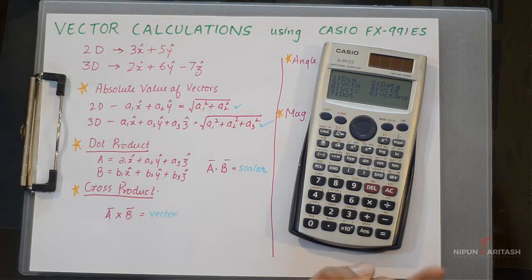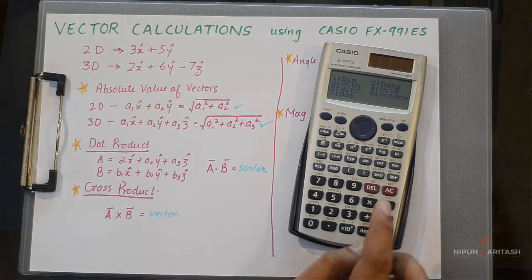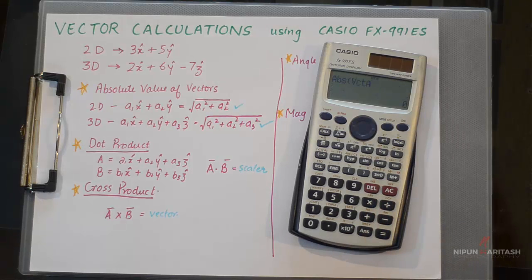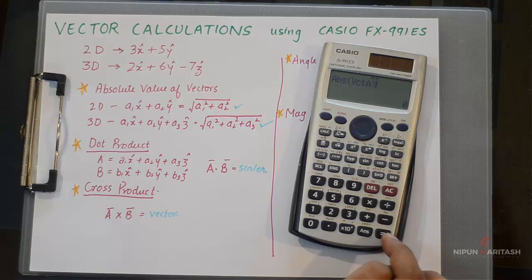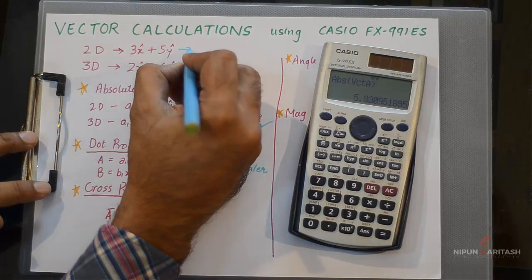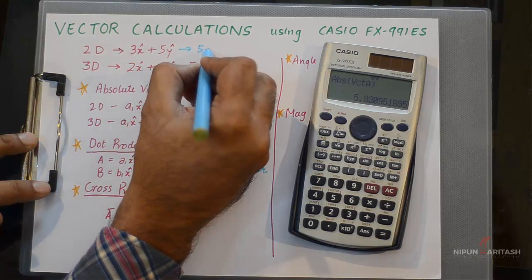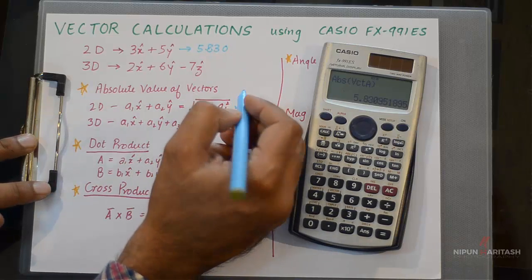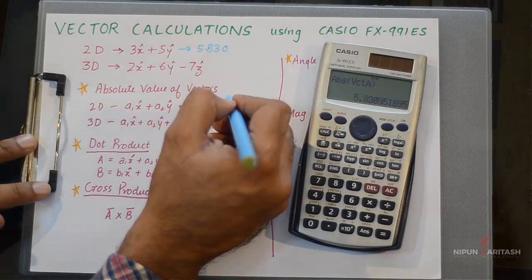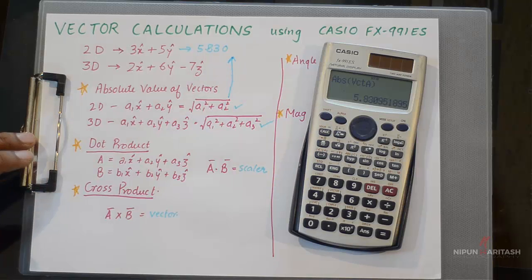Now I want to find the absolute value of vector A, so I'll press 3. So now on the screen you see absolute value of vector A, and then if I press equal, it will show me the absolute value of vector A to be equivalent to 5.830, and the calculator has used this formula to calculate this value.